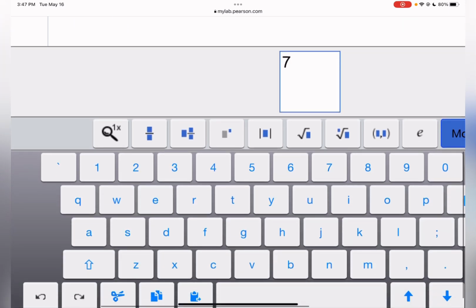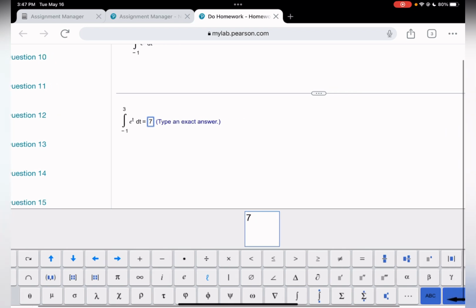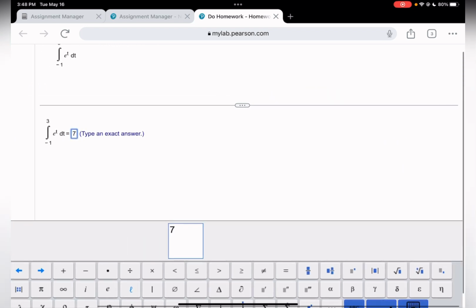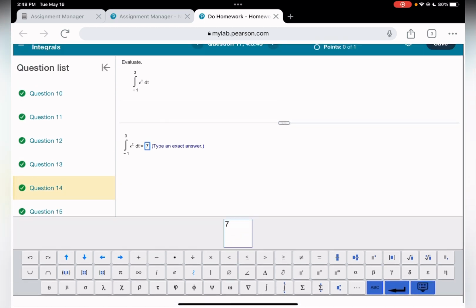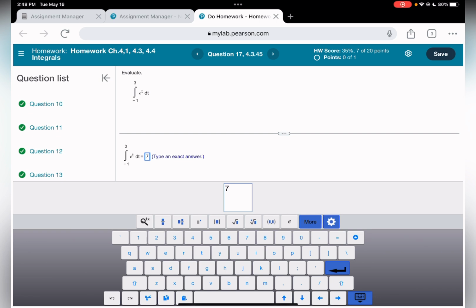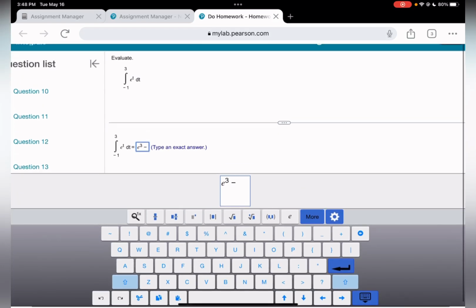Where is my e? Okay, I didn't want more. Hold on. E to power 3 minus, where was my e? I had it and I lost it.